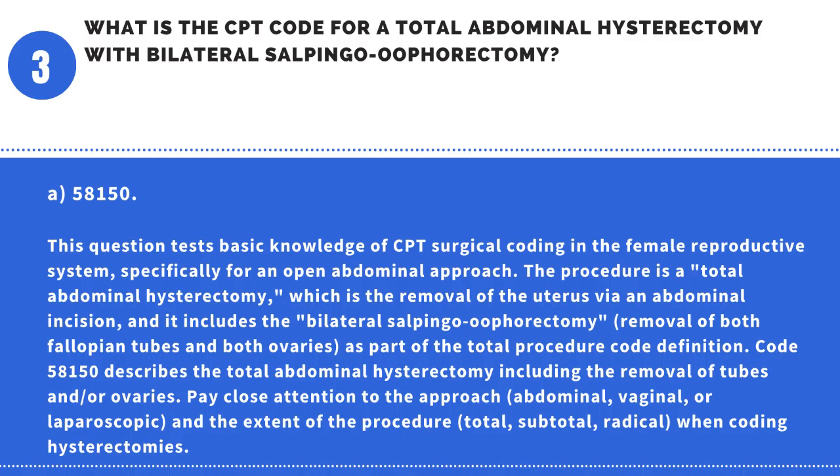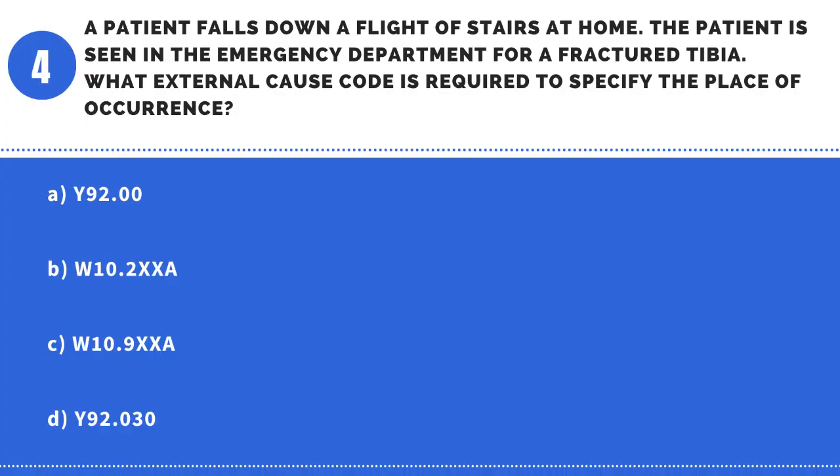Code 58150 describes the total abdominal hysterectomy, including the removal of tubes and/or ovaries. Pay close attention to the approach, abdominal, vaginal, or laparoscopy, and the extent of the procedure, total, subtotal, radical, when coding hysterectomies.